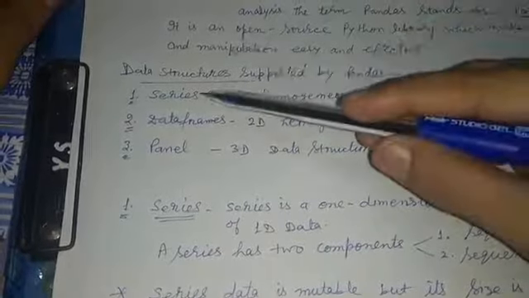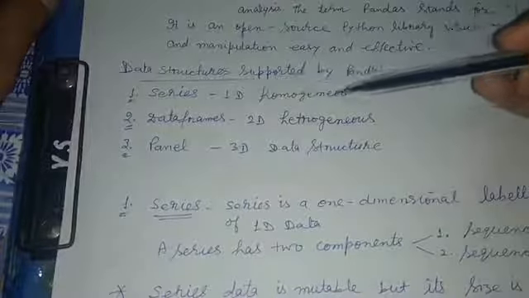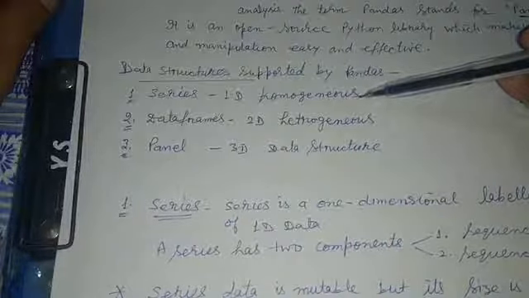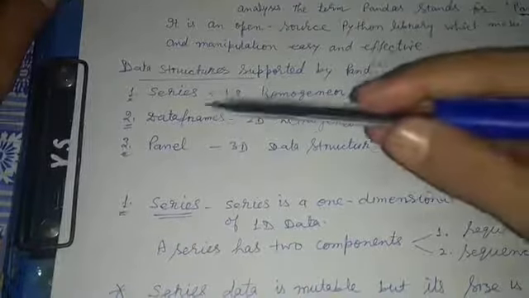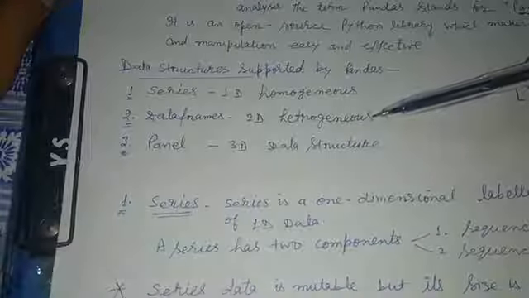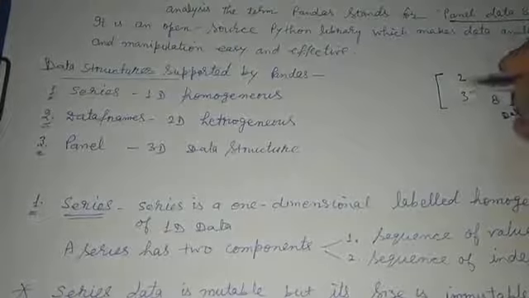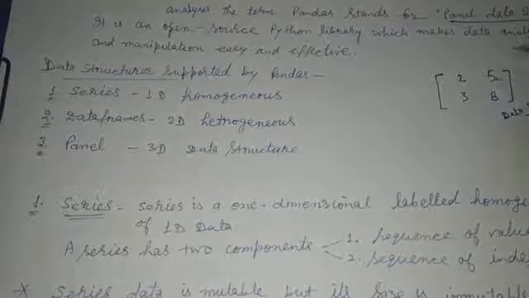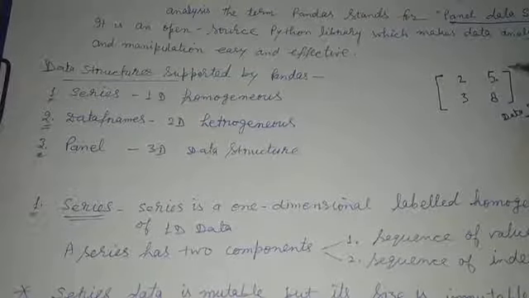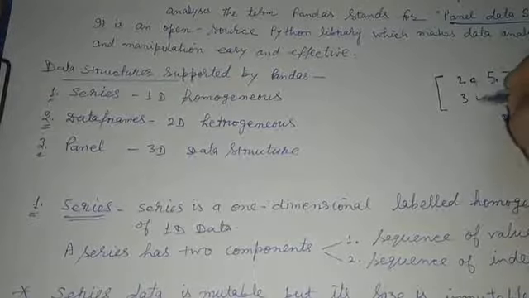In pandas there are three kinds of objects. Number one, series, which is a one-dimensional homogeneous set of data. Data frame is a two-dimensional heterogeneous set of information in which one column can contain integers, another can contain text or string, and so on.